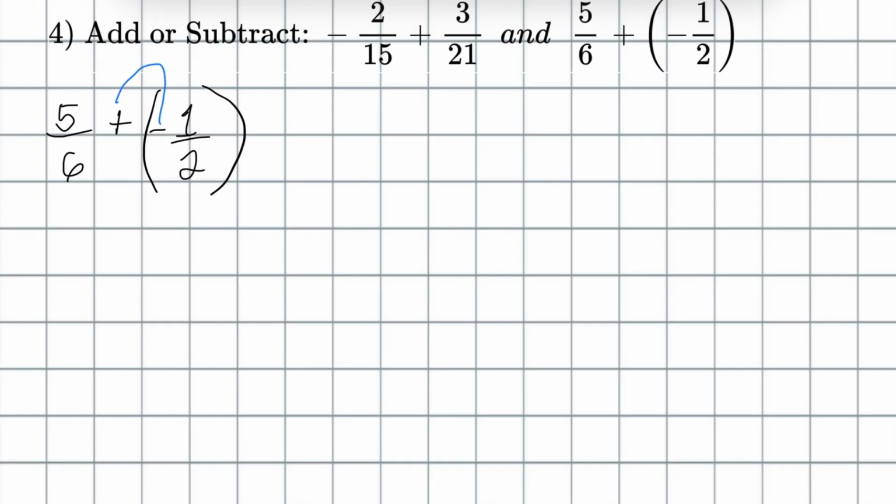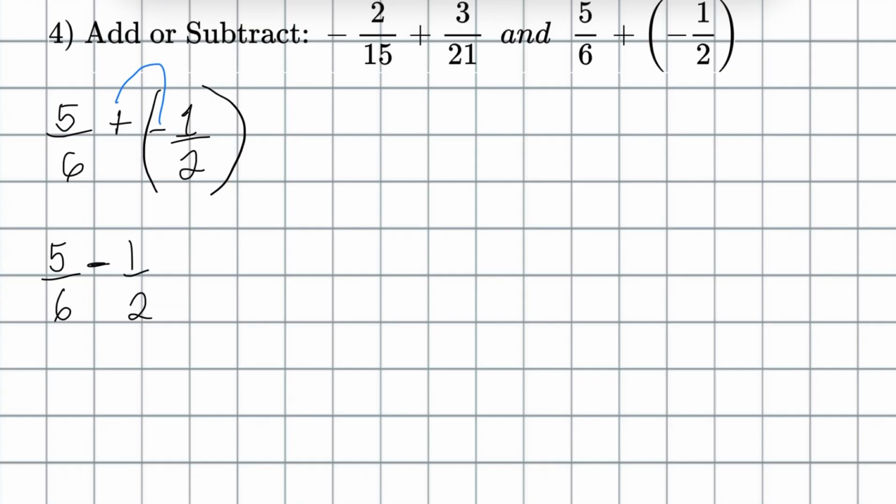So you're going to multiply these two signs. Remember, multiplying different signs, such as positive times negative, will always give you negative. So the new equation is going to look like this: 5 over 6 minus 1 over 2.